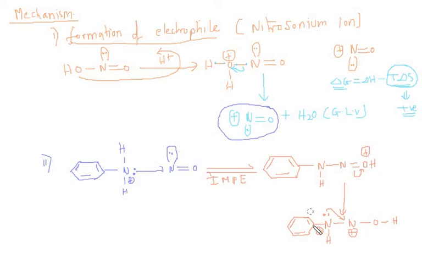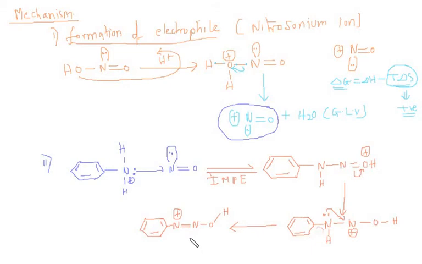I'll just show it in the next step, which is somewhat like this. So this is N double bond N OH, and nitrogen again gets a positive charge.